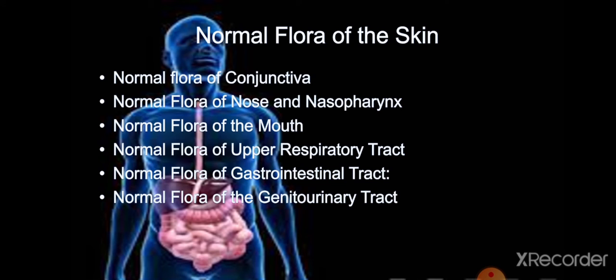Next is normal flora of the mouth. The mouth contains micrococci, gram-positive aerobic spore-bearing bacilli, coliforms, proteus, and lactobacilli. The gum pockets between the teeth and crypts of the tonsil have a wide spectrum of anaerobic flora like fusiform bacilli, treponemes, lactobacilli, and others.